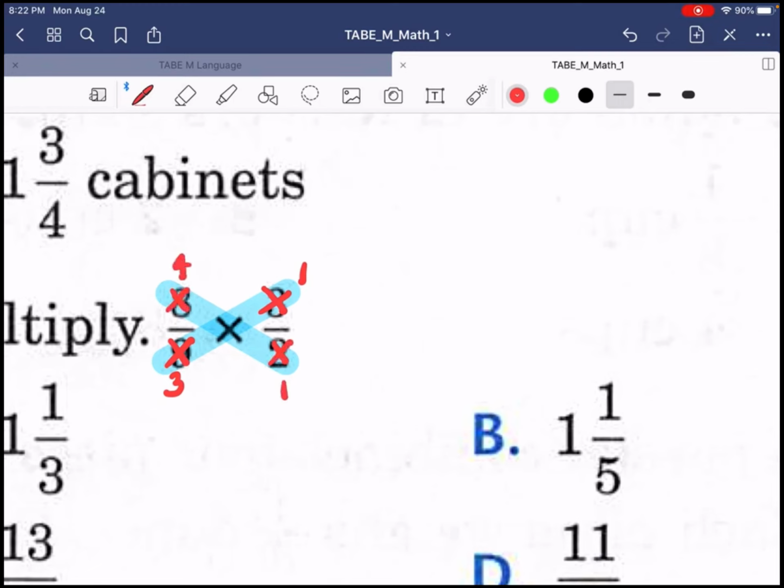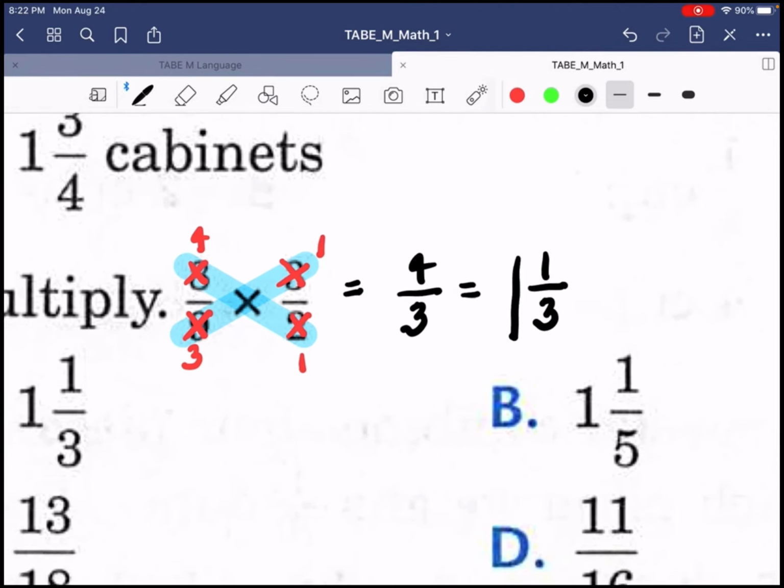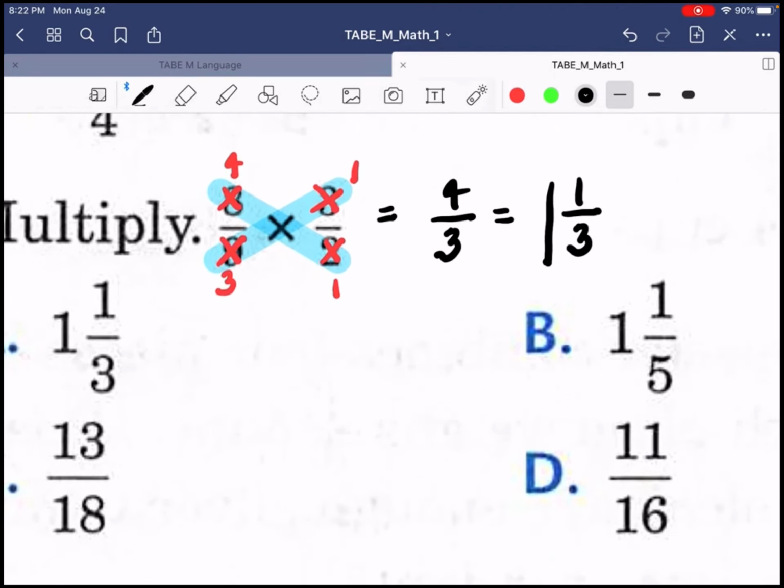And then you have a much simpler problem to solve. 4 times 1 is 4, 3 times 1 is 3, and then 3 into 4 is 1 with 1 left over, or 1 and a third. And that is answer A.